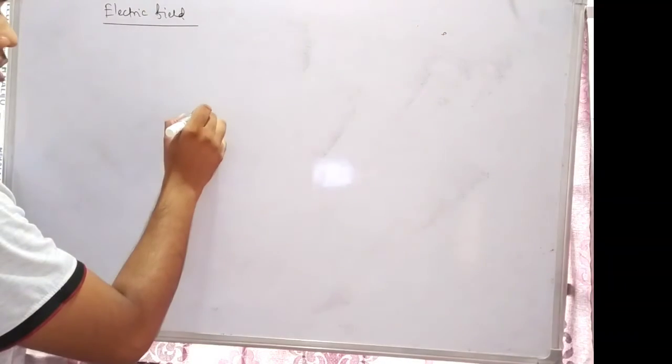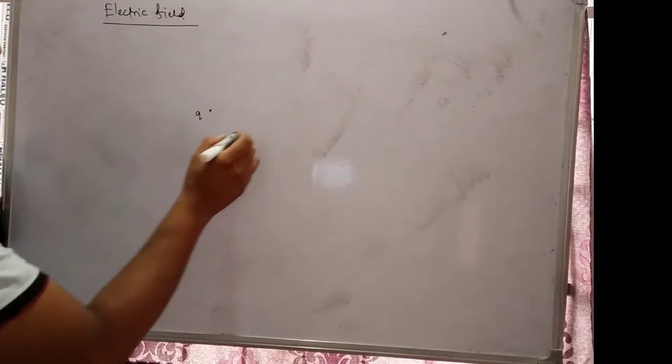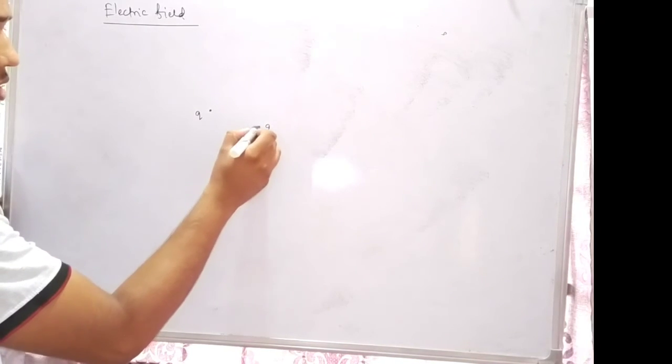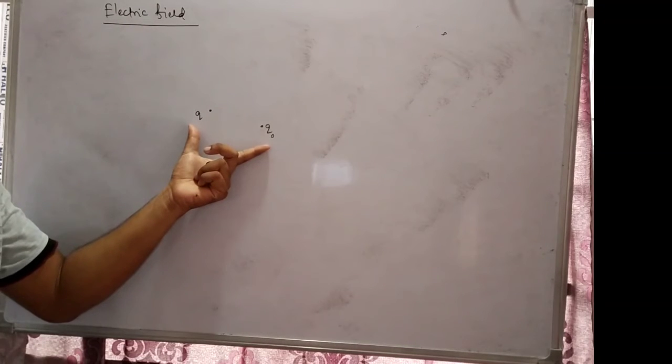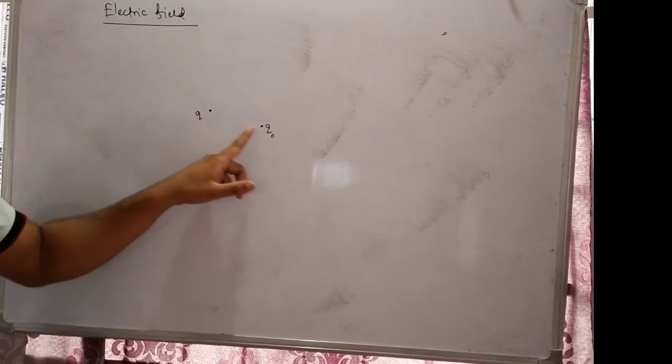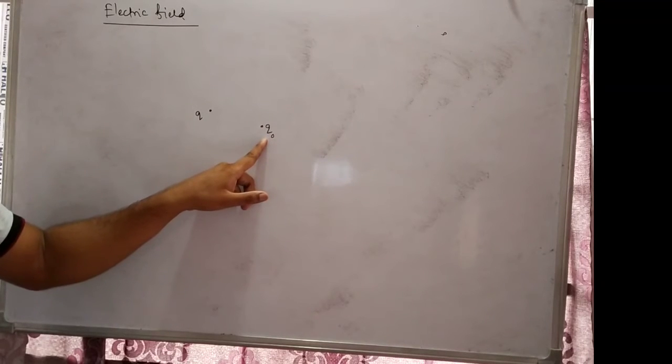Suppose we consider a source here, source Q. So if we place another source, suppose this source is Q0, we place it here, then between these two sources we will get an electrostatic force, because this force will apply a force on the source Q0.